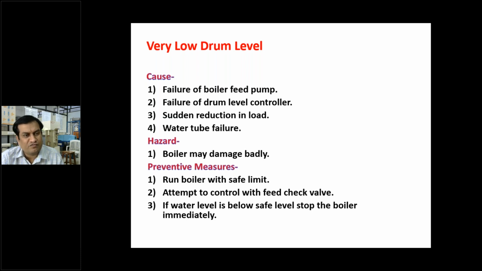So that may be one of the reasons when your level indicator or controller is showing that the drum level is very low. What are the hazards due to this low drum level?